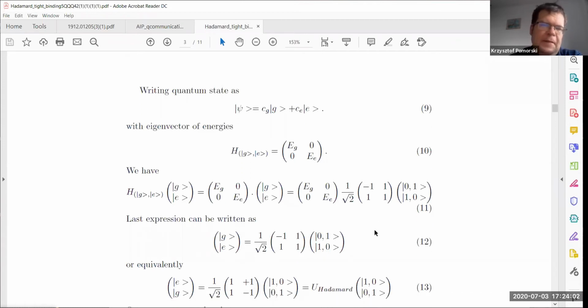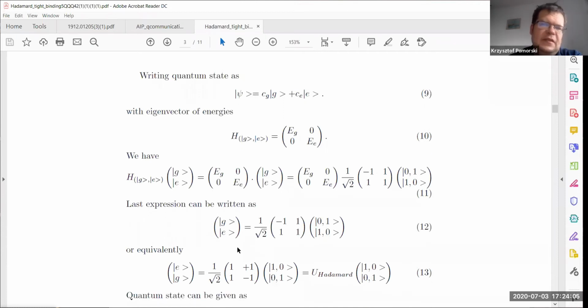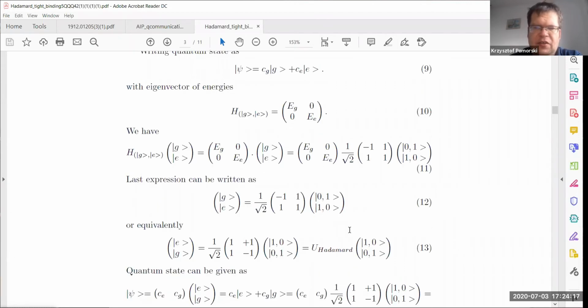So basically, you can write that such a vector is represented by the Hadamard matrix and by Wannier functions. And you can apply this matrix twice to both sides, so you can move from here to here.